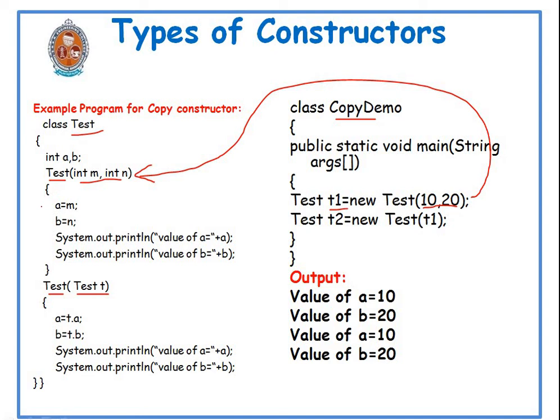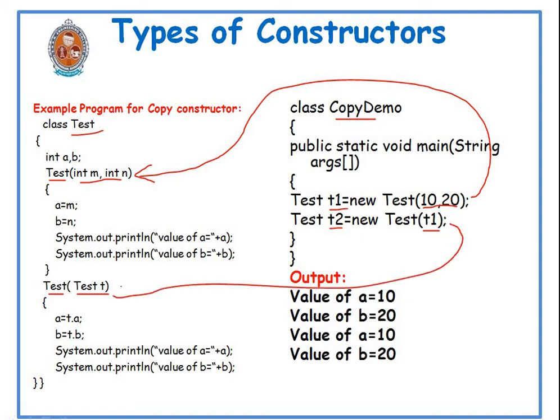After that, the control returns back to the calling method. Then we have created another object t2, and here we are passing the object as a reference. Whenever we pass the object as a reference, it automatically invokes the copy constructor.